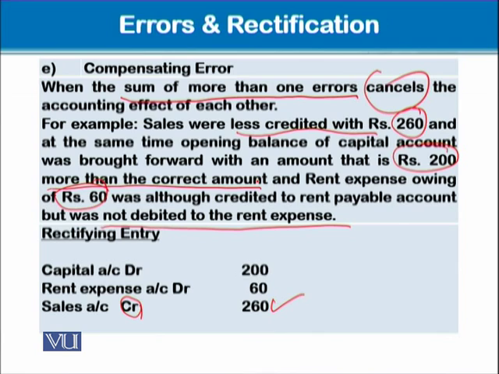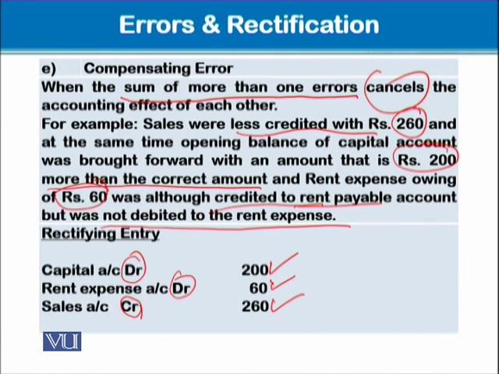In order to reduce the capital balance, we have to give debit effect to the capital account. Agreed? Very well. And rent expense owing 60 rupees was credited to the rent payable account but was not debited to the rent expense. We forgot to make this debit entry in the rent expense. So now this rent expense will be debited with 60.